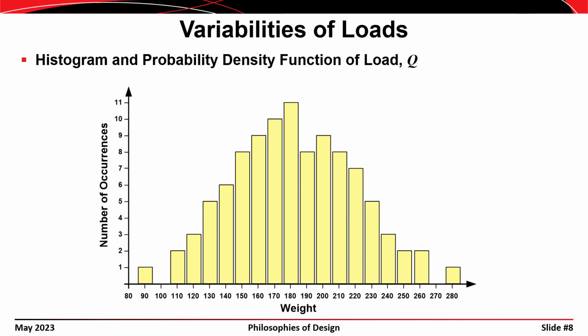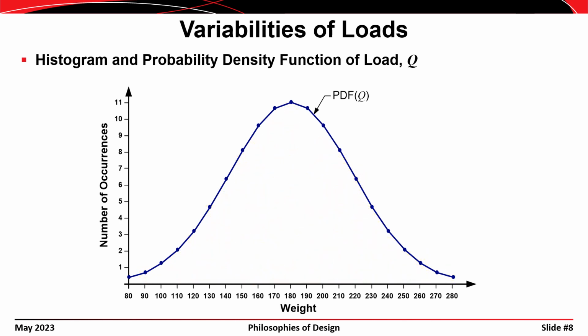A more useful way of presenting this data is to fit a curve to it, and we can call that a probability density function of Q. That is a continuous curve. It's not a perfect representation of the data, but it is a statistically useful representation. So then we make the histogram go away, and we work with this bell-shaped curve as a representation of the weight of 100 students in a hypothetical class.